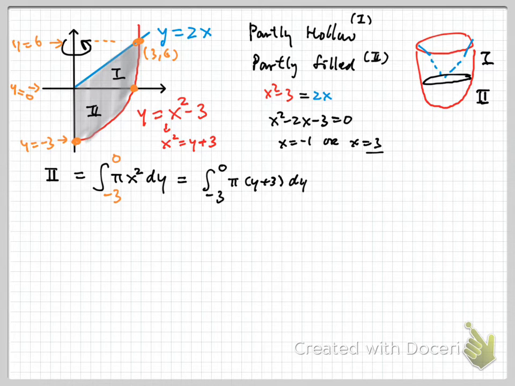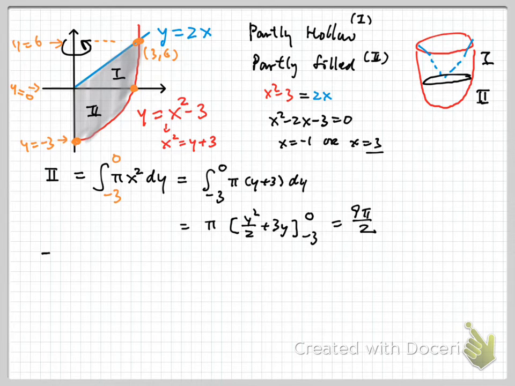That is the volume of the second part. And that goes to pi times (y squared over 2 plus 3y) from minus 3 to 0, and that equals 9 pi over 2. So that is the second one, the part at the bottom, the part right here. We know that it is 9 pi over 2.